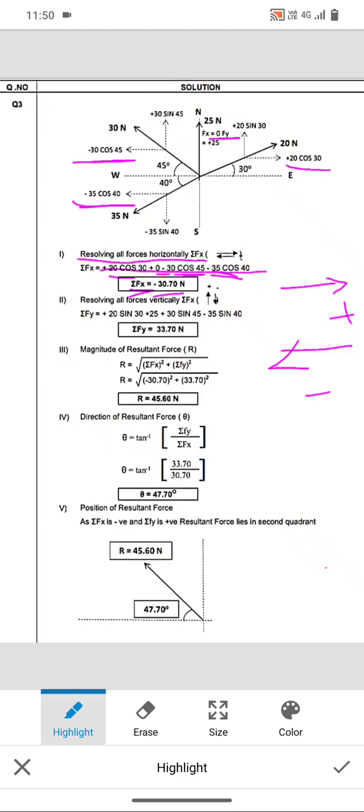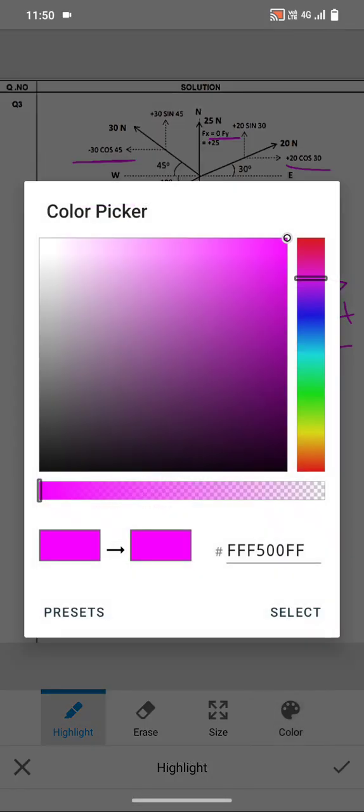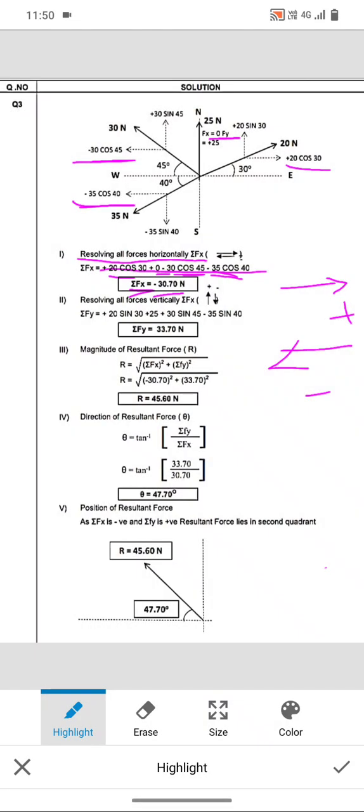Then we will resolve all forces vertically. Its vertical component is plus 20 sin 30. Then summation Fy includes plus 25.